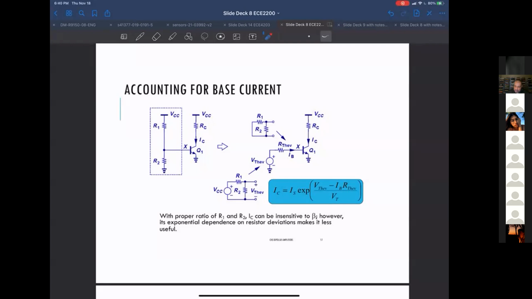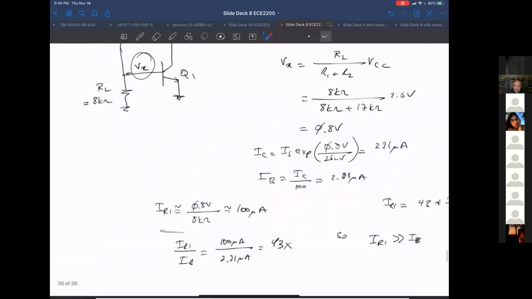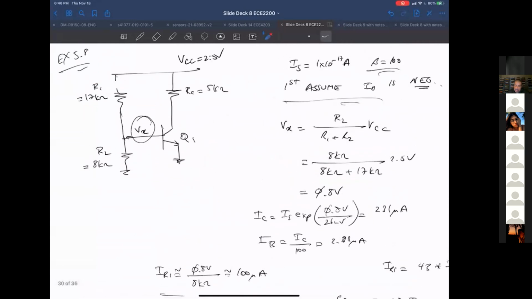We still have a problem. The problem is that these resistor values are also not exact. It's easy for me to say in this example that this is 17 kilo ohms and this is 8 kilo ohms. But as you may or may not know, when you buy resistors or make them, you don't get these absolute values.